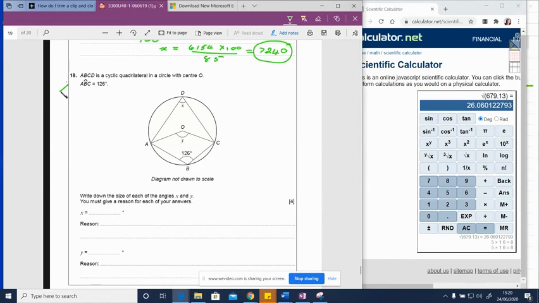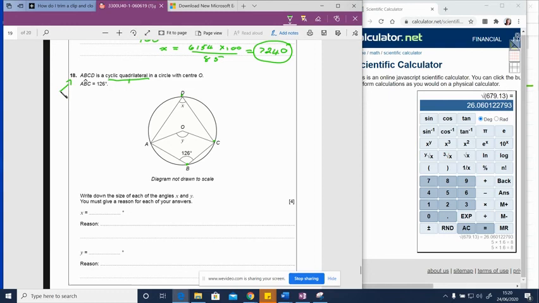Let's have a look at question 18. It tells us that ABC is a cyclic quadrilateral in a circle with centre O. Cyclic quadrilateral means a four-sided shape inside a circle with each of the vertices touching the edge of the circle. So here A, B, C, D is a four-sided shape and each of the vertices touches the edge of the circle.